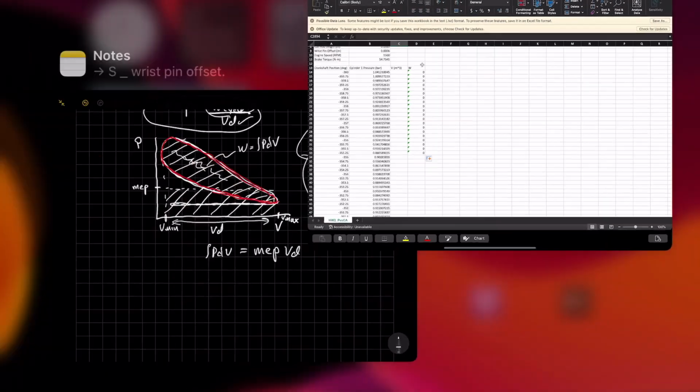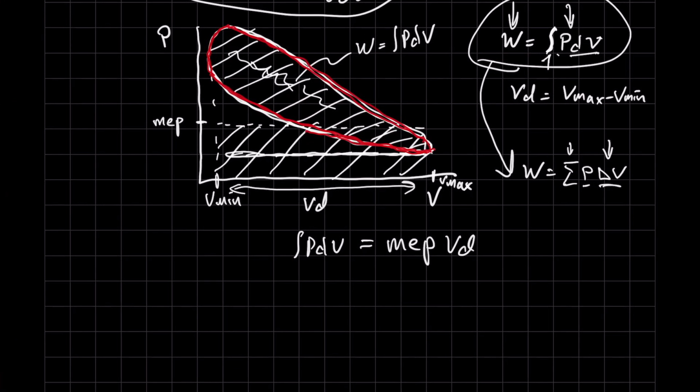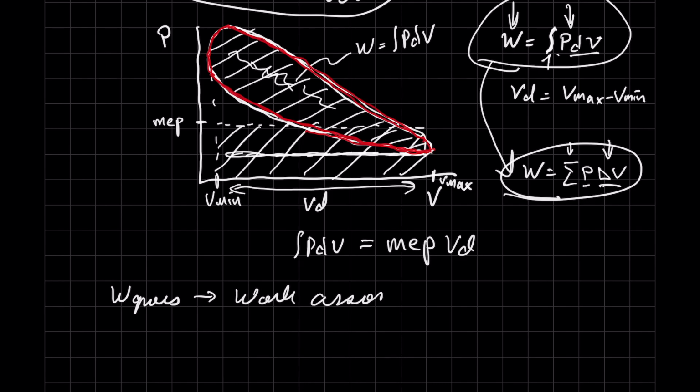So again, let's go back to our calculation for work. We can then say that a certain amount of work is going to be the sum of that pressure times the change in volume. And now this is where it becomes a difference of gross work versus net work. We'll define this in class, but gross work is only that work associated with compression and expansion.